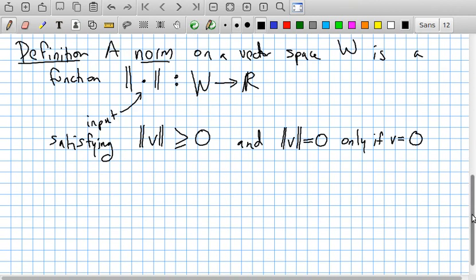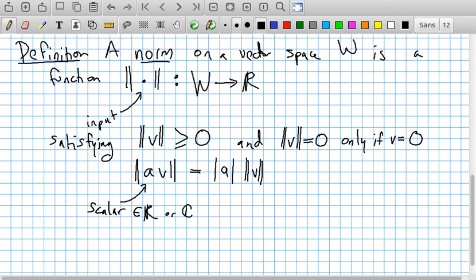The other thing that's true is that it's got some linearity type properties. If this is a scalar in R or C, then this thing is actually outright equal to the absolute value of the scalar times the norm.